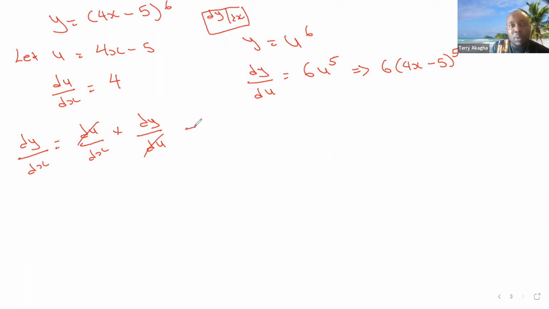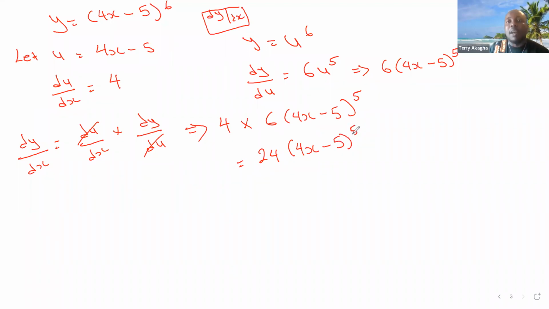So we multiply du over dx, which gives you 4, by dy over du, which is 6(4x minus 5) raised to the power 5. And this is going to give you 24(4x minus 5) raised to the power 5. Okay? And that is how you get the answer for that.